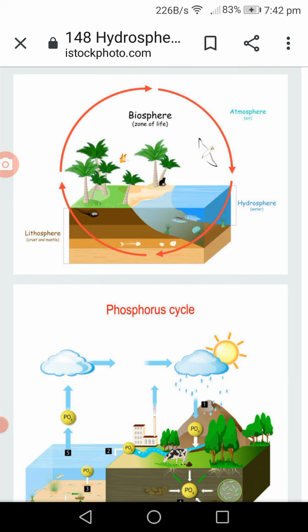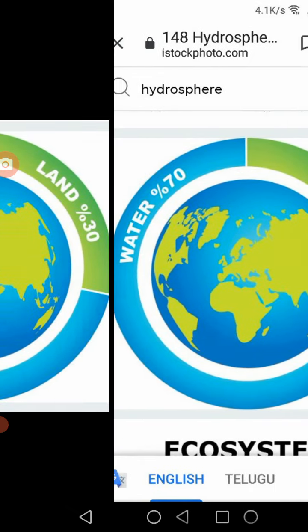You are well aware of the meaning of the lithosphere, hydrosphere, atmosphere, and biosphere from your previous classes. So let us know more facts about the natural elements. The natural environment has the lithosphere, hydrosphere, atmosphere, and biosphere. When you say lithosphere, it covers mountains, hills, plateaus, plains, valleys, and deserts.